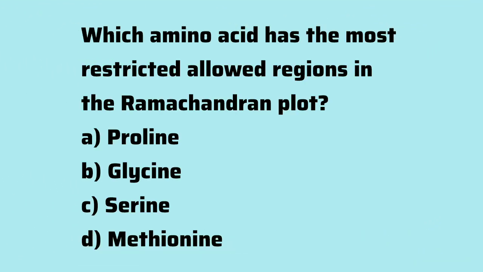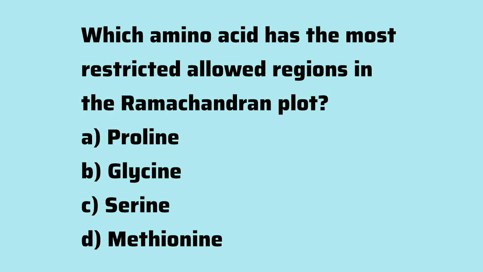Which amino acid has the most restricted allowed regions in the Ramachandran plot? In the Ramachandran plot, there are two special cases which are not found in the stable secondary structures like alpha helix and beta pleated sheet. These are proline and glycine.